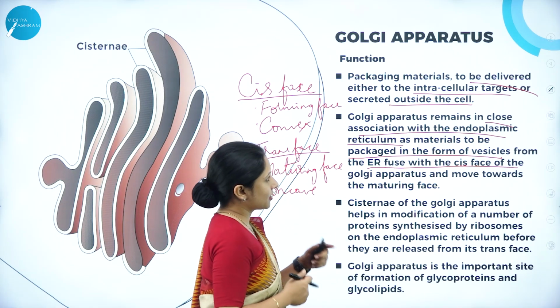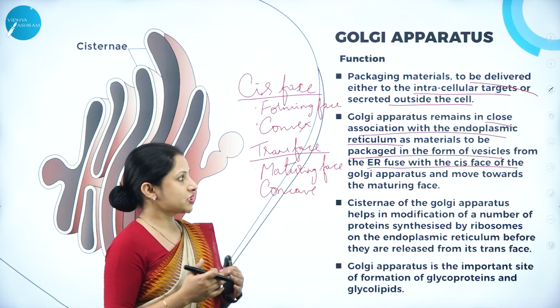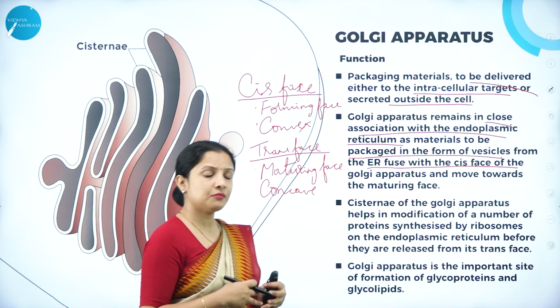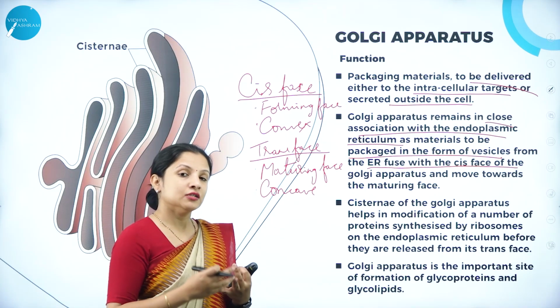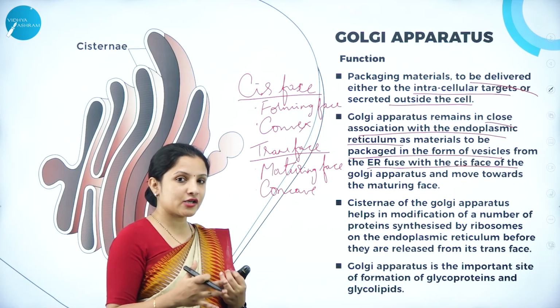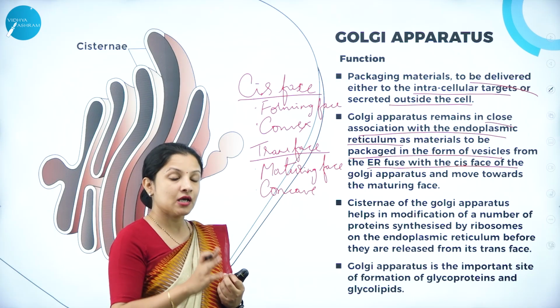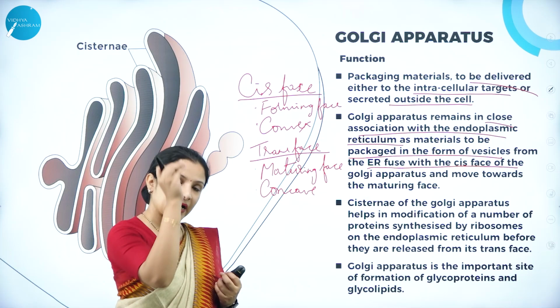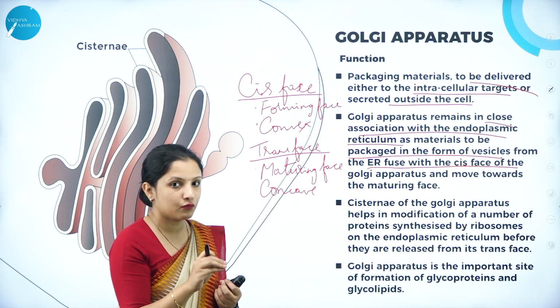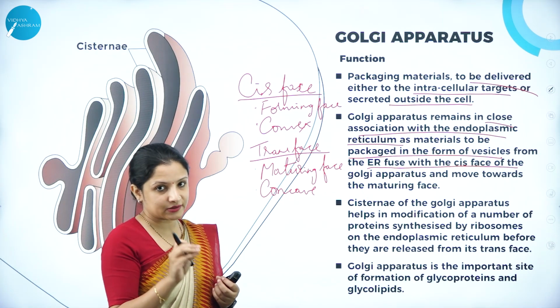So the Golgi apparatus remains in close association with the endoplasmic reticulum, as whatever materials are needed to be packaged, right? Which actually helps in packaging of the material? The Golgi apparatus. And the materials needed for the packaging by the Golgi apparatus are present where? They are present in the endoplasmic reticulum.